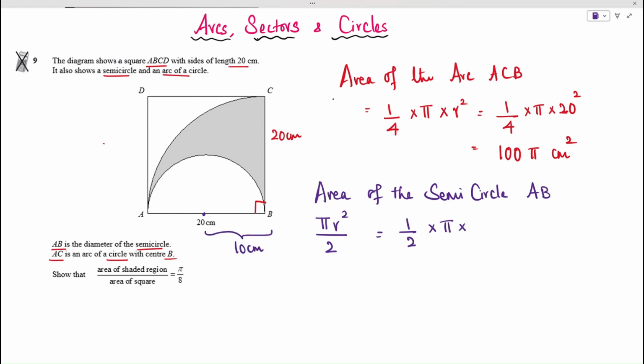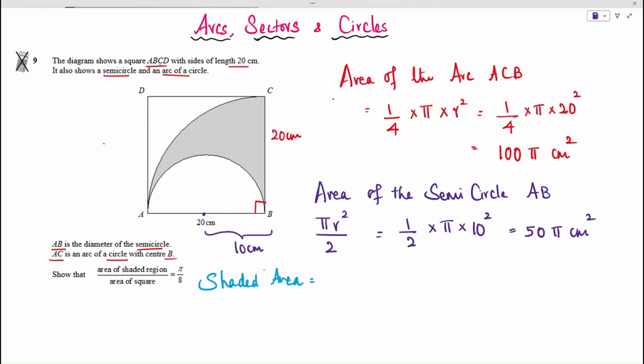So we take 10 here, so this is times 10 squared. When we simplify it down, 10 squared is 100, and a half times 100 is 50. So we're left with this equaling 50 pi. Now, the area of the shaded area is going to be the area of our sector minus the area of our semicircle.